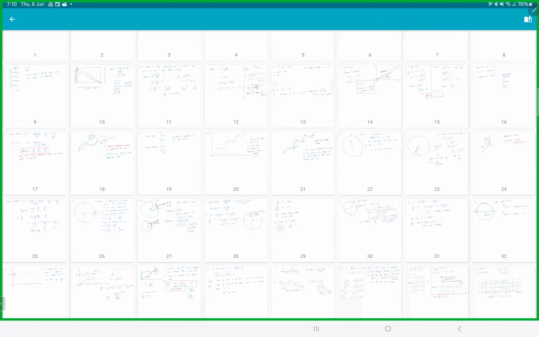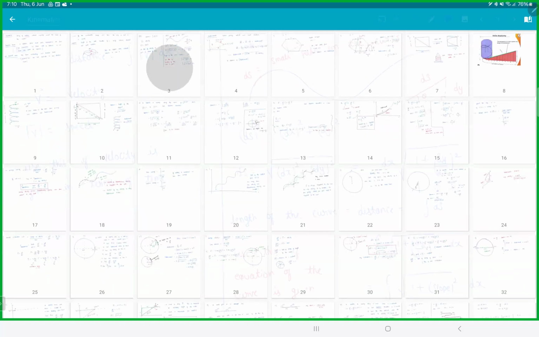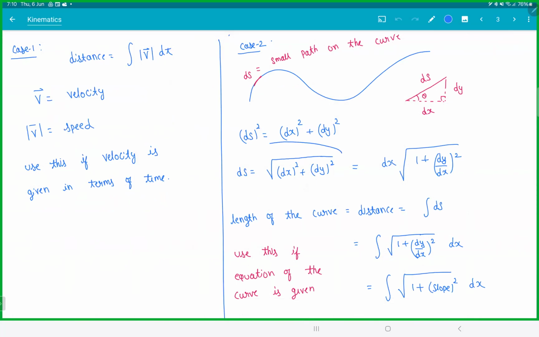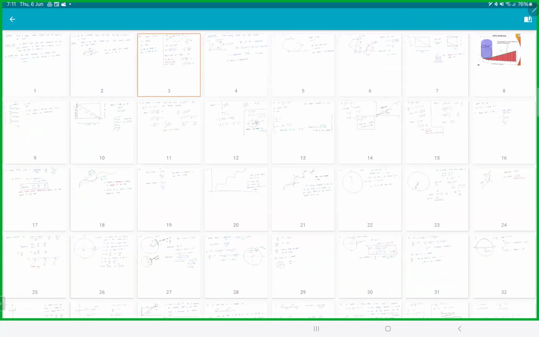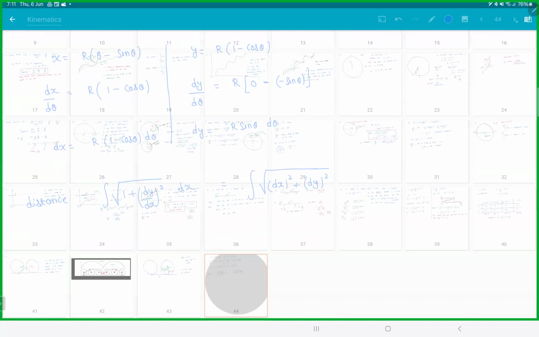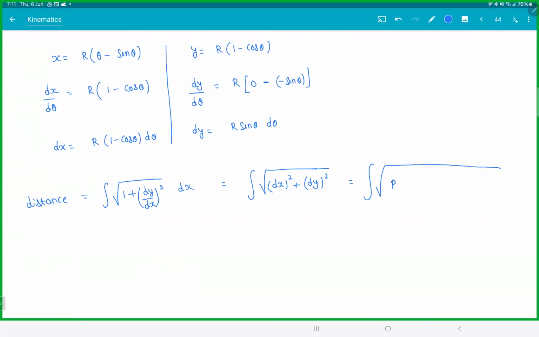We did this here. Actually, if you see it, we derived it from here only. You send dx inside, you'll get back the actual form, root over dx square plus dy square. Now substitute dx and dy. So this is integral root over r 1 minus cos theta d theta whole square plus r sin theta d theta whole square.